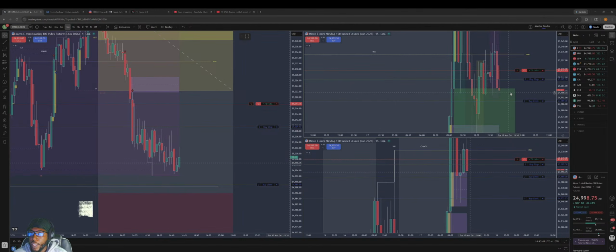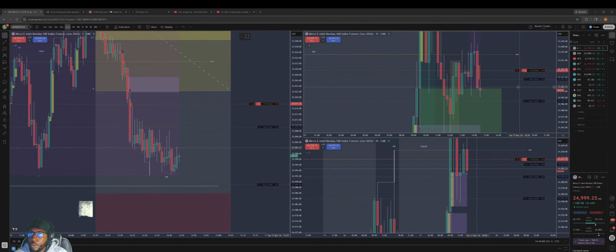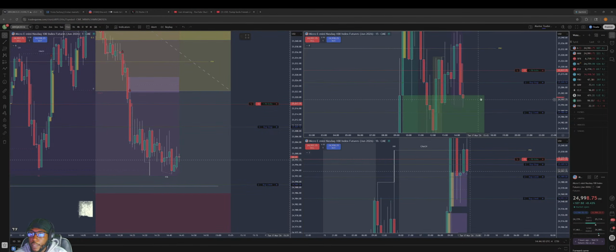This 15-minute candle closes in 1 minute. All right, I want to see this 15-minute candle continue to stay red, continue to stay bearish. And honestly, I want to see it start drifting lower here.